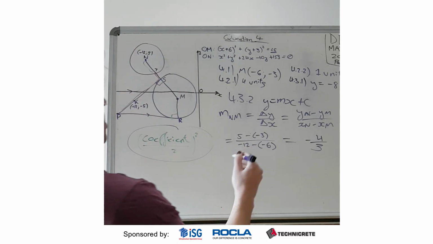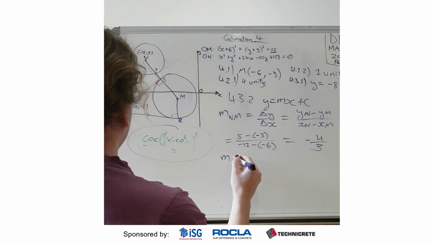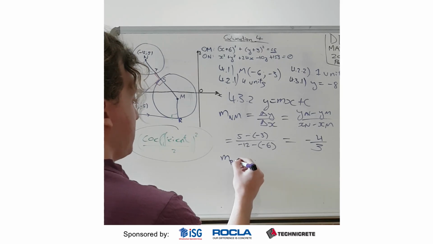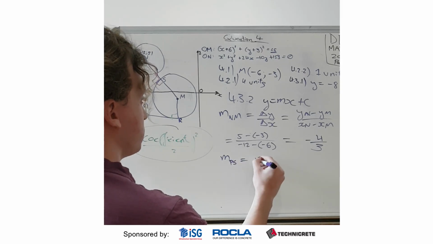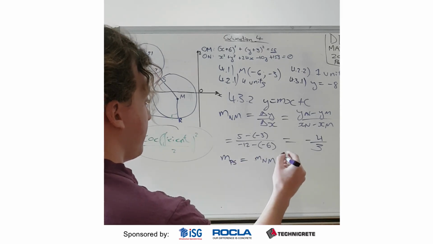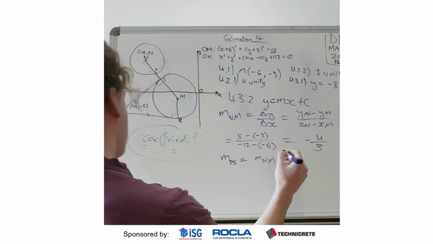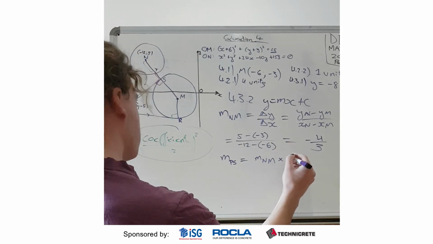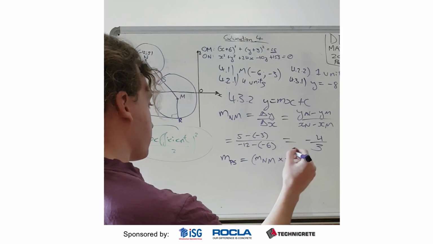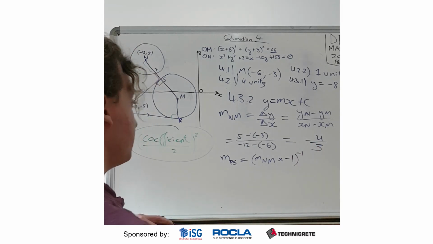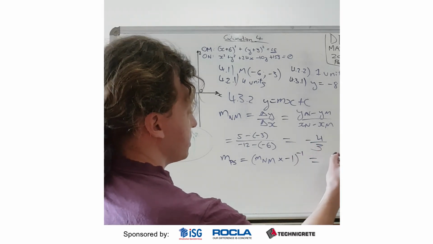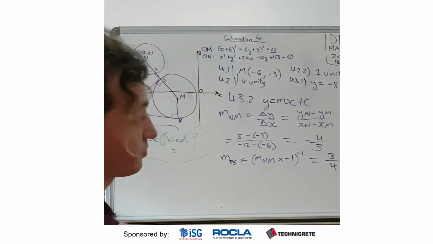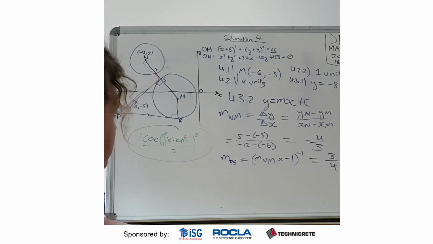So the gradient of ps is equal to the gradient of nm times by negative 1, and then flipped. In other words, it's 3 over 4. Cool. So we found that gradient.